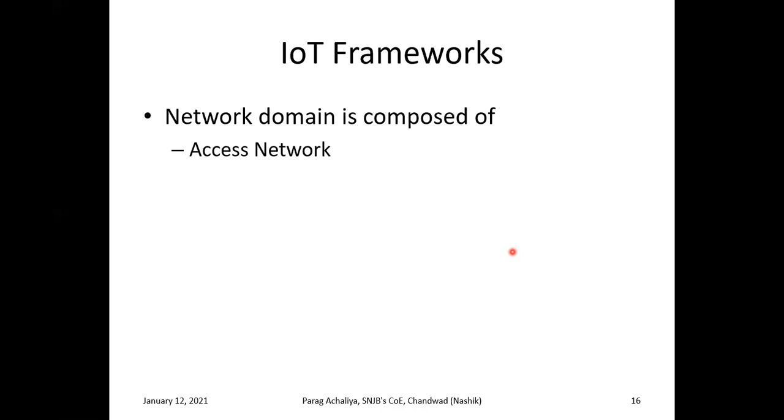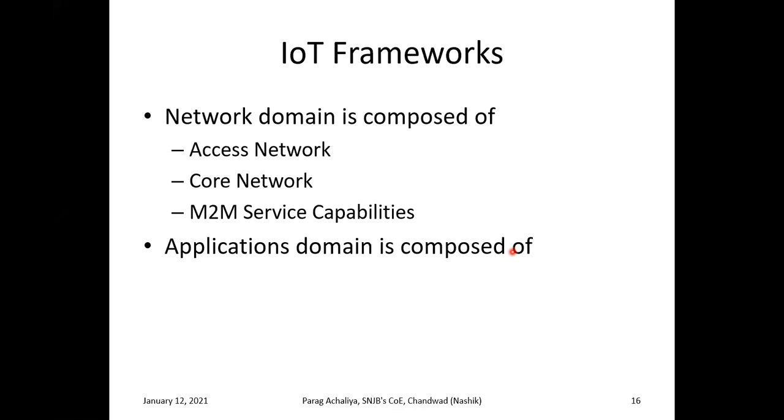The network domain is composed of access network, core network, machine to machine service capabilities, whereas the application domain is composed of various applications like machine to machine application. So this is what the IoT framework is, which is divided into three domains, and the details of the domains are like this only.